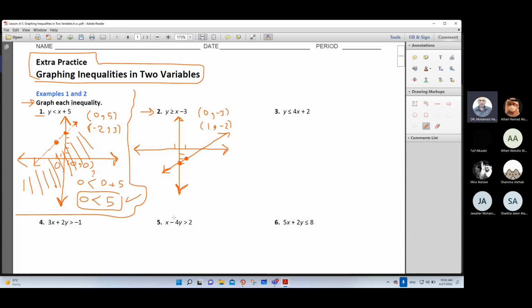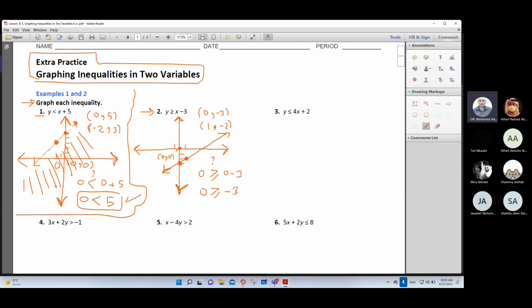Now we want to determine the area of the solution. Take a test. We have here the origin (0, 0). Substitute the values of y as 0 and x as 0. Is 0 greater than or equal to 0 minus 3? 0 minus 3 will be -3.